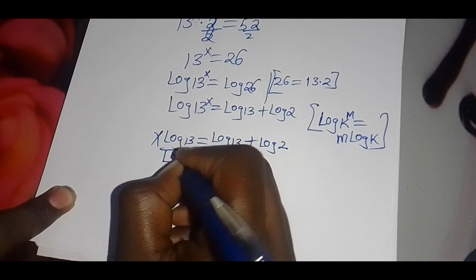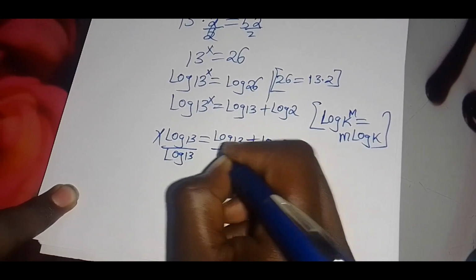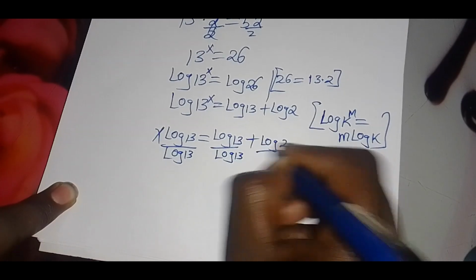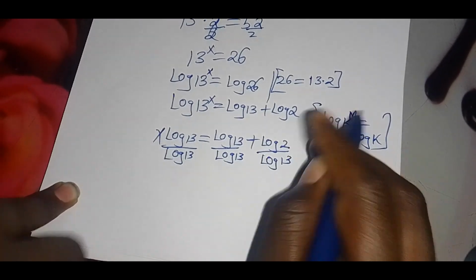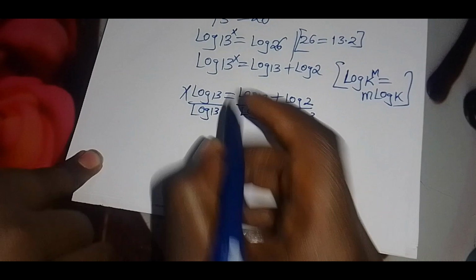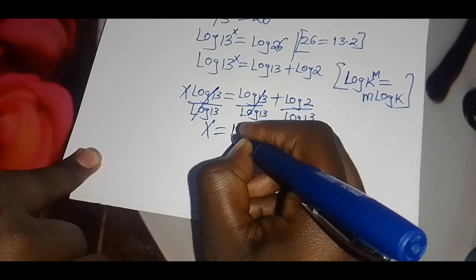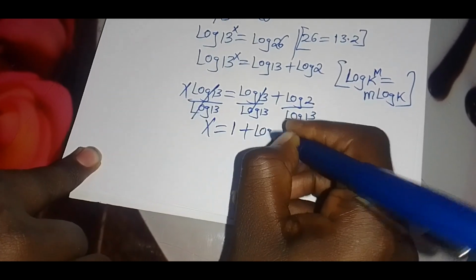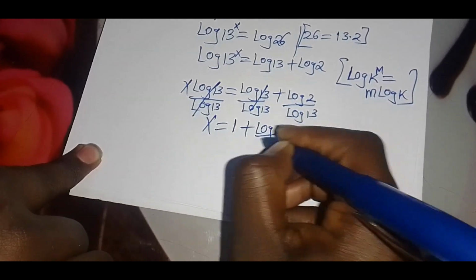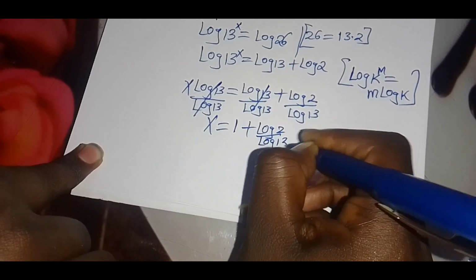Divide both sides by log 13. Okay, so we simplify, so that we're going to have x is equal to 1 plus log 2 divided by log 13.